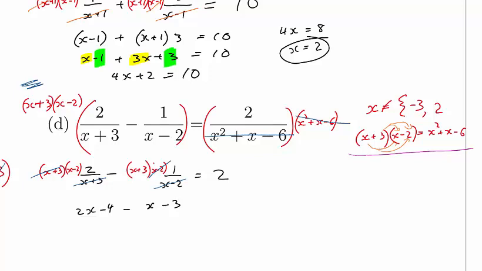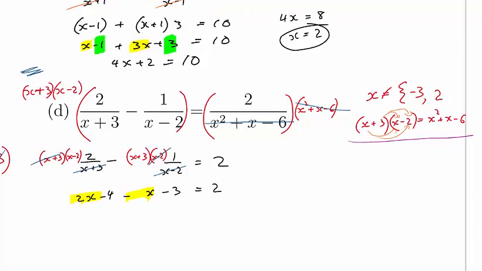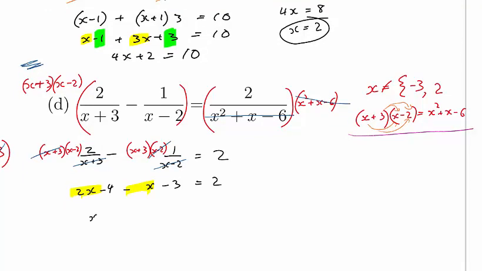There we go. And that all equals 2. All right, so we've got a 2x and then a negative x. And so 2x minus x is simply x, and then we've got a negative 4 and a negative 3.